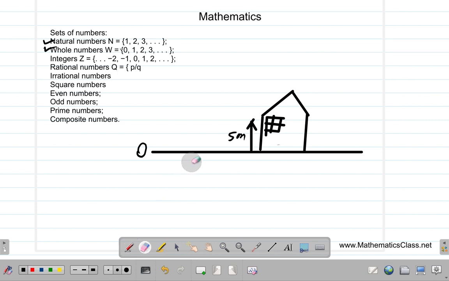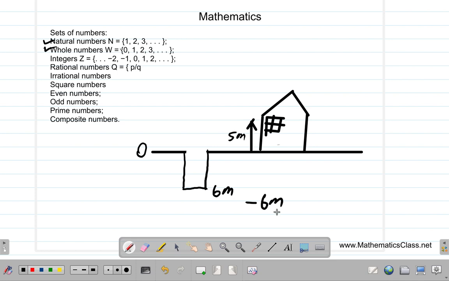But then you dig a pit, and that pit, the bottom of the pit is 6 meters below ground level. What you would have to say, with reference to ground level, the bottom of the pit is -6 meters.